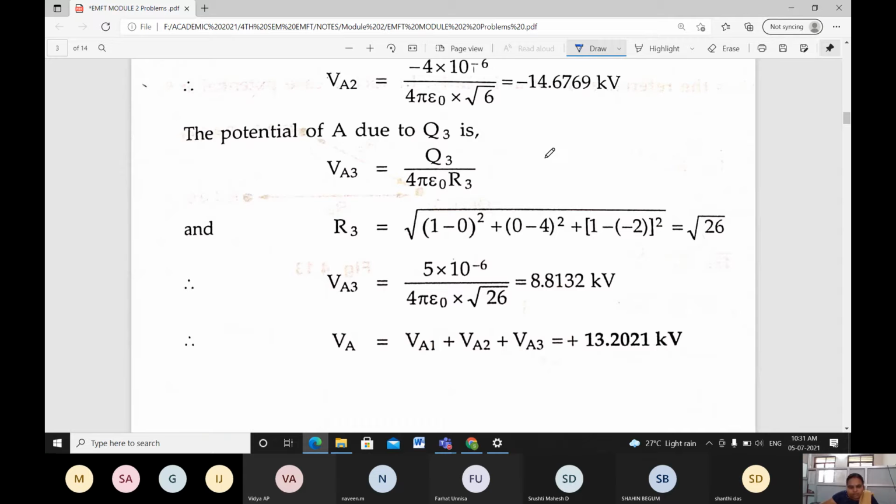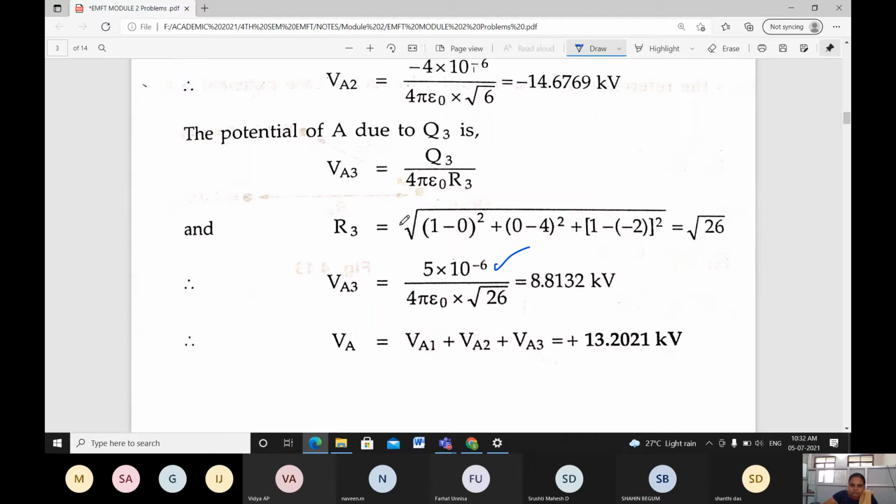Then in the same way you have to calculate for Q3, the same steps remain the same. Then go on substituting here, then you will get R3 as square root of 26, and for VA3 just substitute the charge, here it will be 5, and everything remains the same, only the distance will change again. Square root of 26 you will get. You will be getting 8.8132 kilovolts.